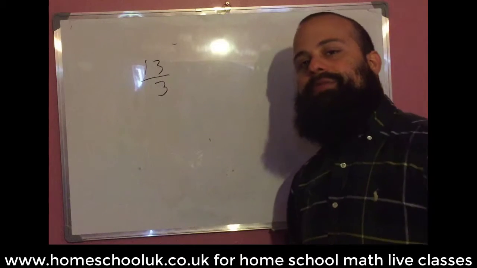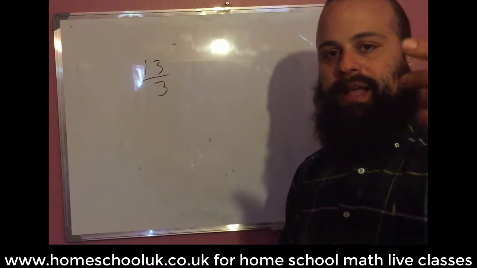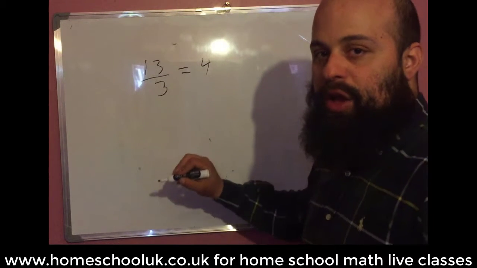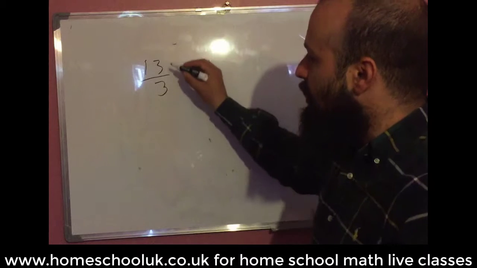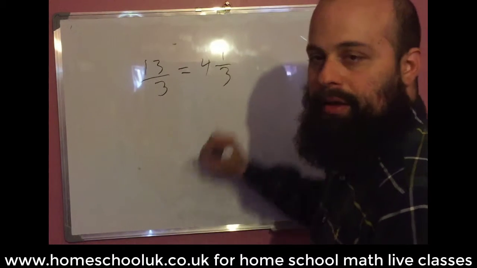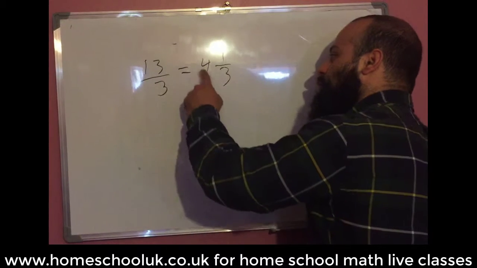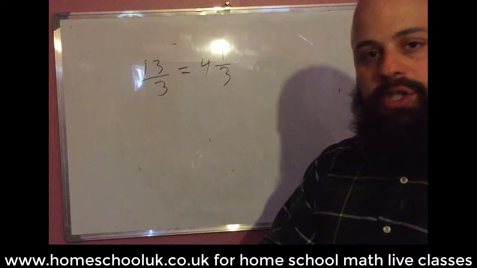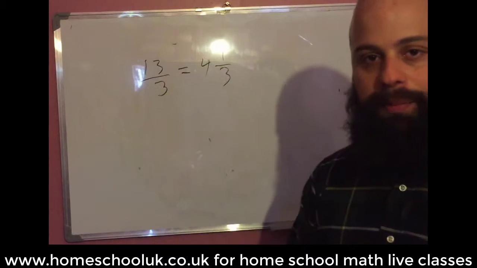How many 3's are in 13? 3, 6, 9, 12. There's 4 3's. And it's 1 left over, so remainder 1 divided by 3. Check this out. 4 times 3, 12. Plus 1, 13 over 3. So it's just working one way to the back.